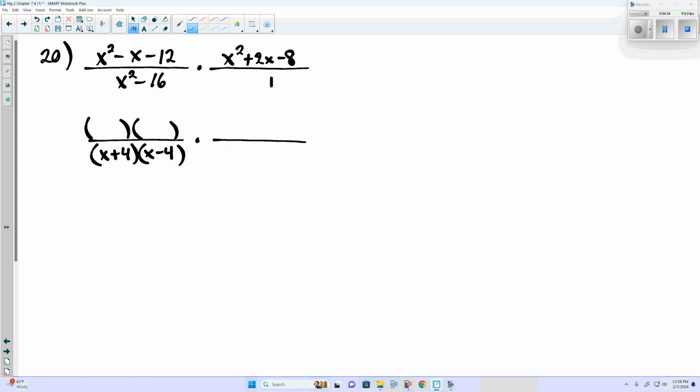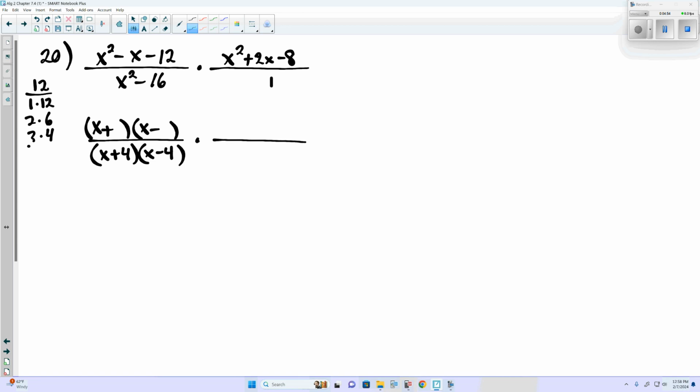And we can look at the numerator, x squared minus x minus 12. Since the third term is negative, our signs are opposite. Factors of x squared are x and x. Now factors of 12: 1 and 12, 2 and 6, 3 and 4. Which one do we want to try first?